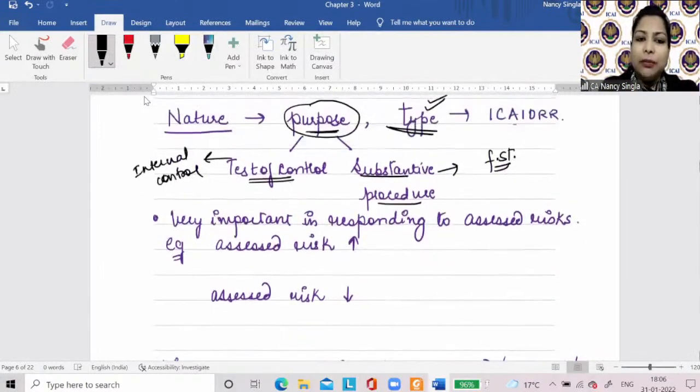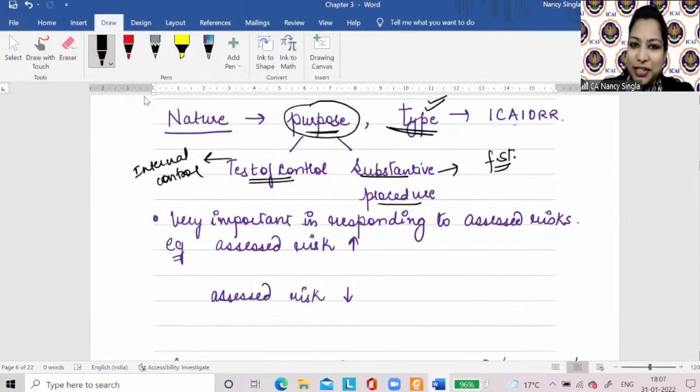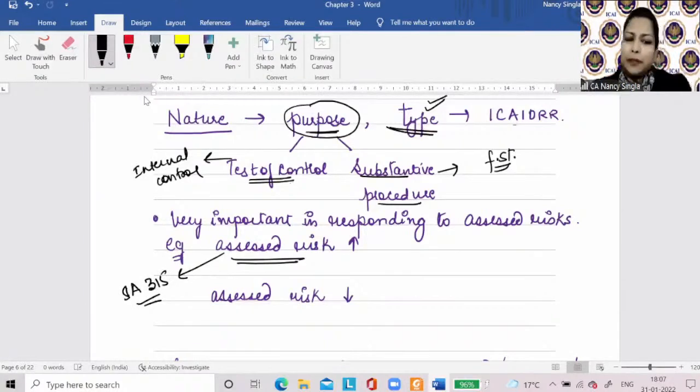So now let me ask you the first question from my side today. Suppose the assessed risk, as assessed by the auditor under SA 315, is high, right? Now, an auditor is examining the debtors of his client organization.